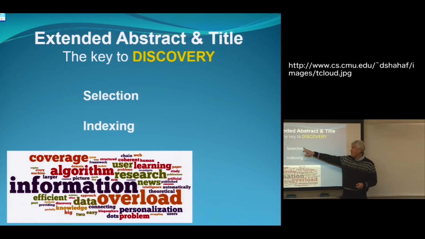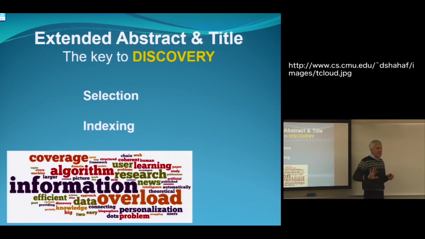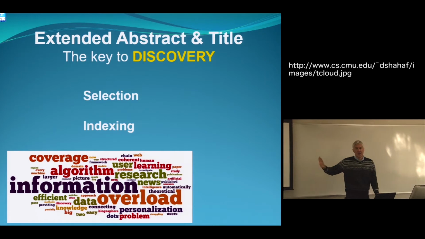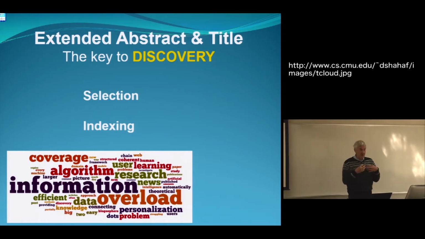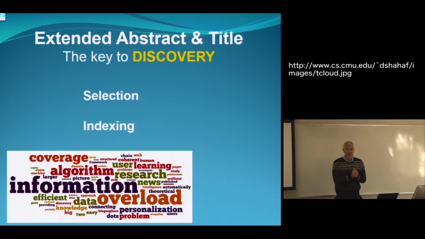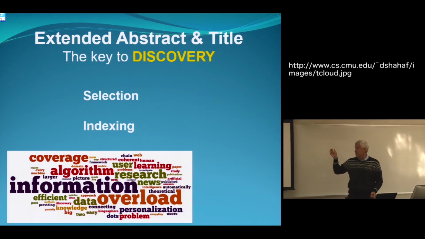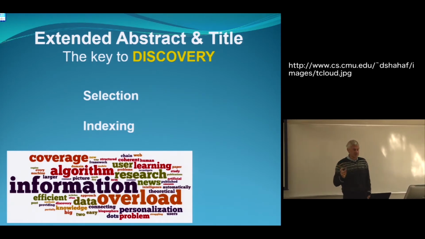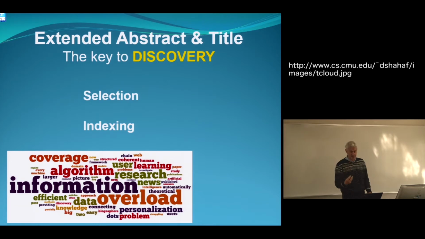And then if your abstract isn't well written, it's likely just to be avoided, not read anymore. So it's an extremely important process for you as engineers and scientists and as global leaders and communicators that you need to understand the importance of being discovered.